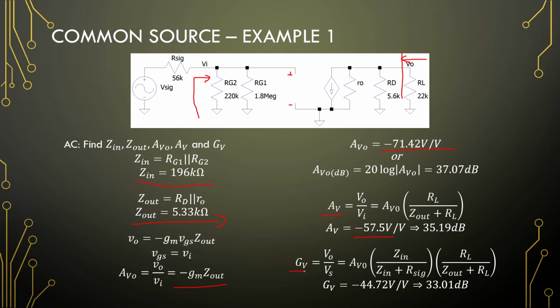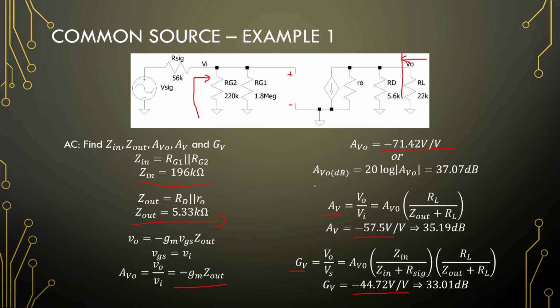And for the total gain, we just add the input impedance and this signal resistor also as a voltage divider going into the amplifier, and that gives us minus 44.72 volts per volt, or about 33 decibels. And that is the complete analysis of our first common source amplifier.